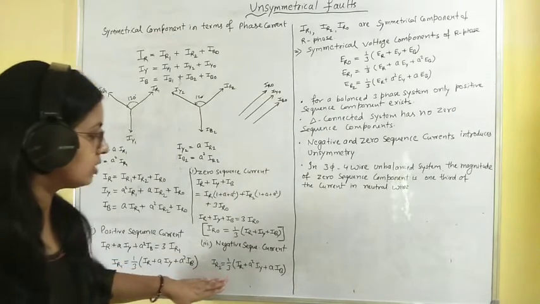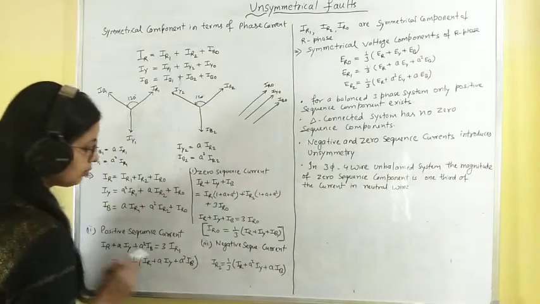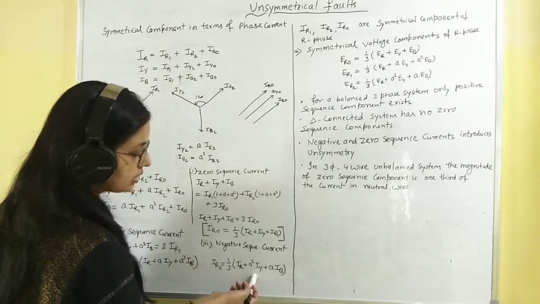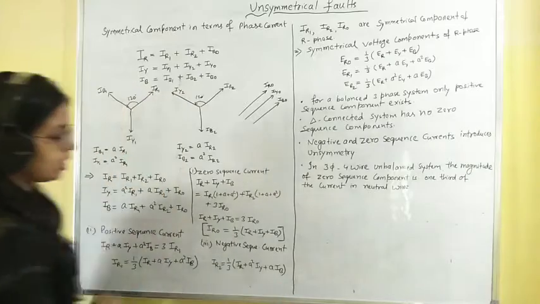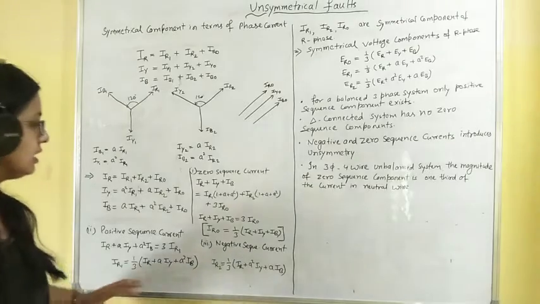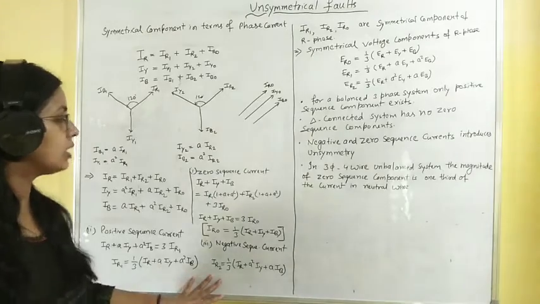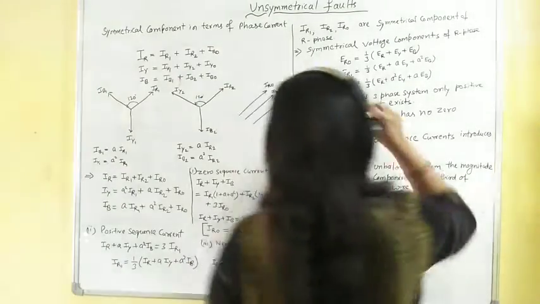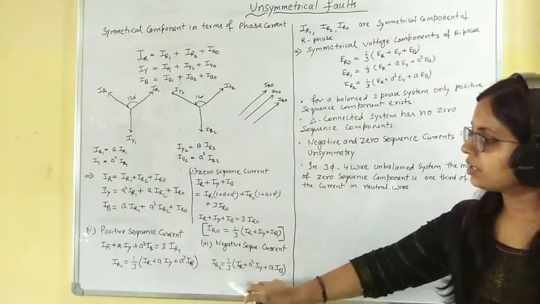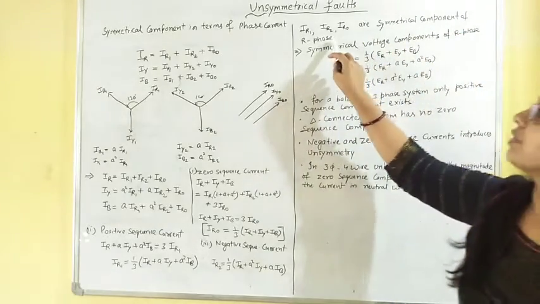Then the negative sequence current is also 1 by 3 times this. Here there is just one difference: in the positive sequence current it was A then A square, while in the negative sequence current it is A square then A. So for the next calculations we have to learn these three formulas, and with the help of these line current formulas we can also write the formula for voltage. So what we have calculated are the symmetrical components of the R phase.